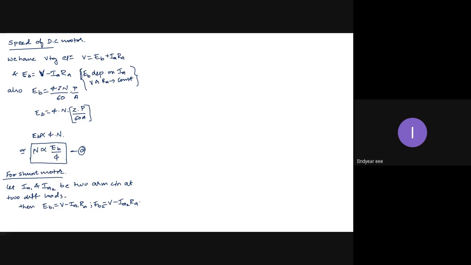Because EB1 and EB2 are different, back EMFs are changing because of change in current, speeds will also change. Therefore, N1 is proportional to EB1 by phi. I don't take phi1. Why? I will tell you. N2 is proportional to EB2 by phi.